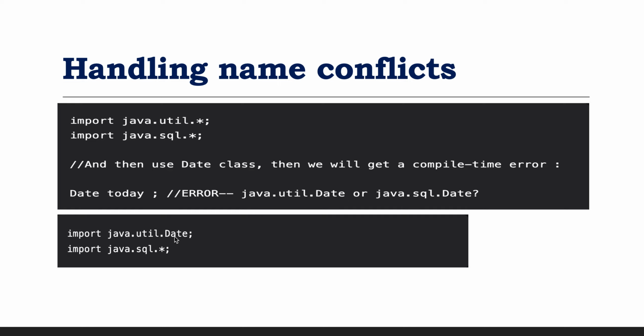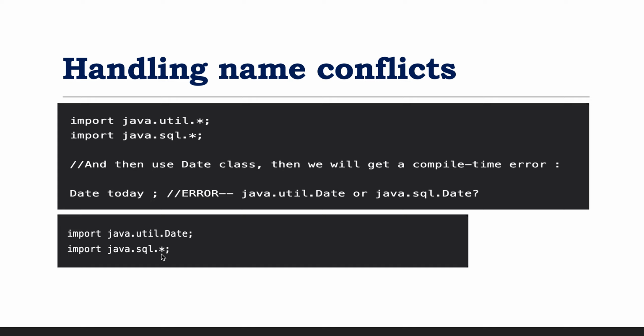So if you write import java.util.Date and import java.sql.*, Java will recognize which Date class you are trying to use, because you have given the fully qualified name. If a fully qualified name is present, Java will scan it first, not the star one.